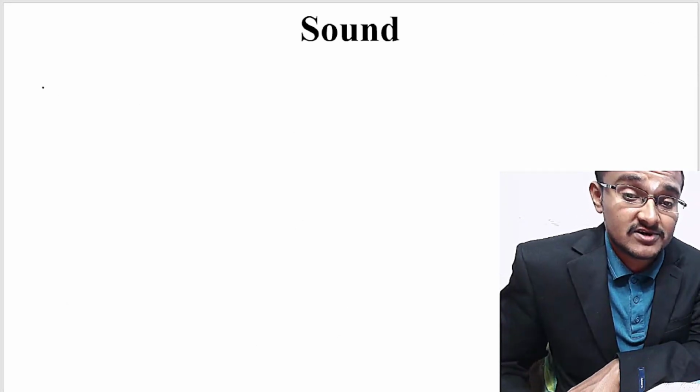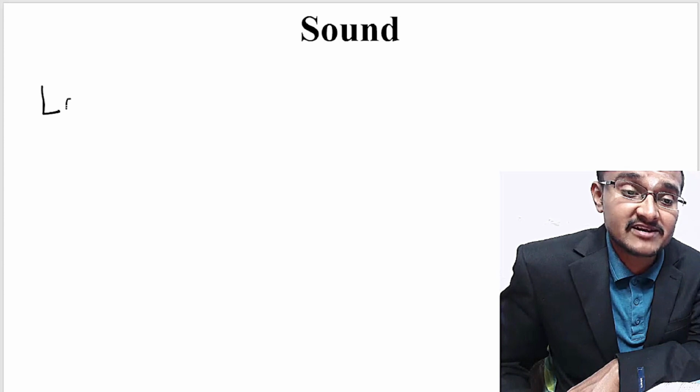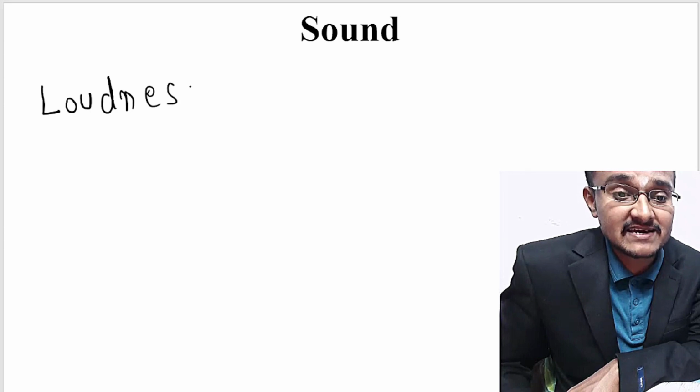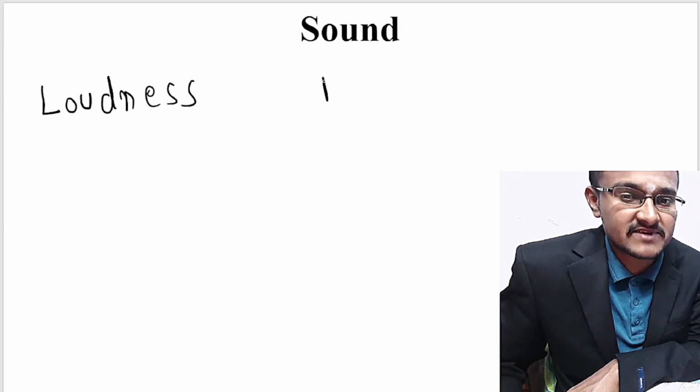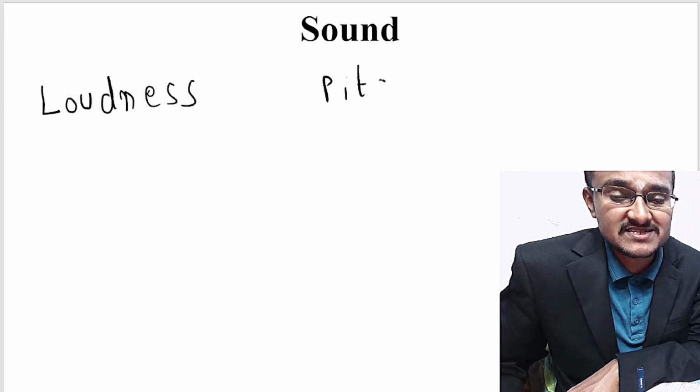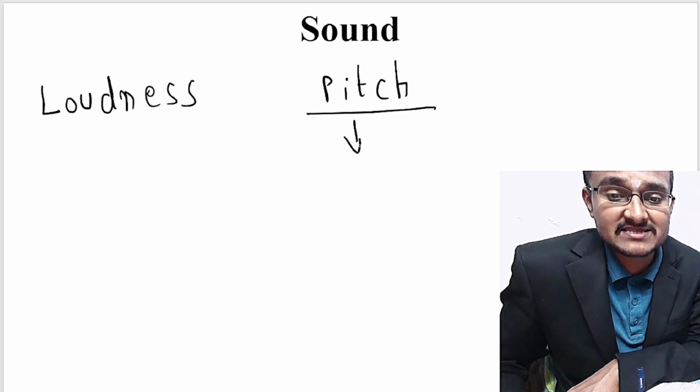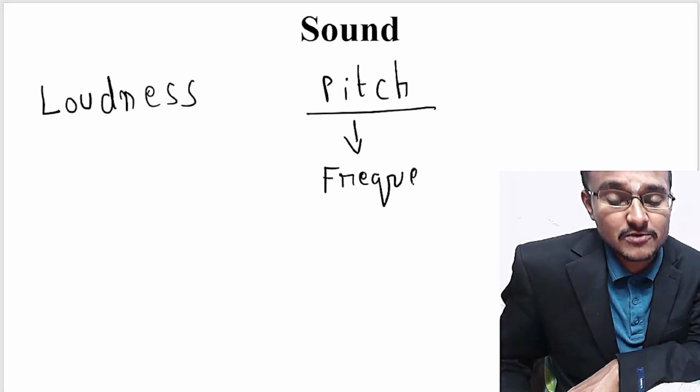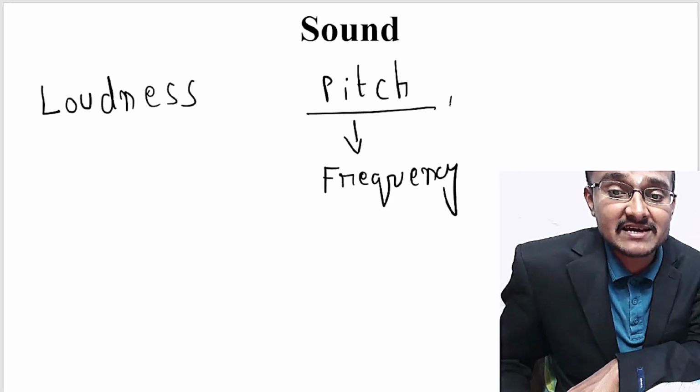Now certain sounds will have higher frequency but lesser loudness, but certain kinds of sounds will have higher loudness but lesser frequency. This is known as pitch and loudness. Whenever an object produces a high frequency sound, that sound has higher pitch.